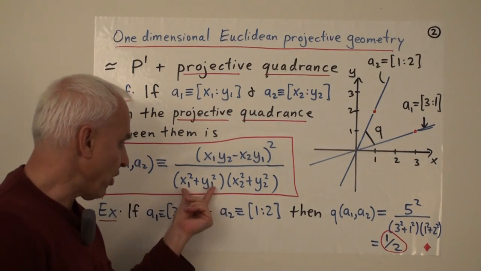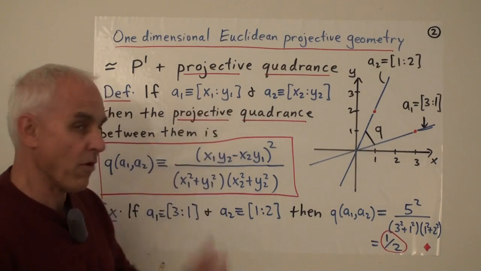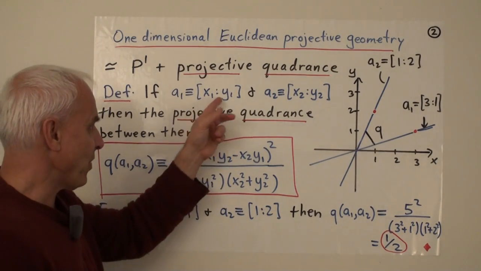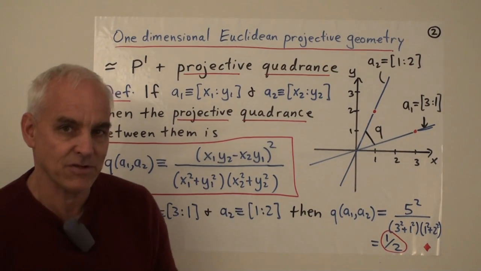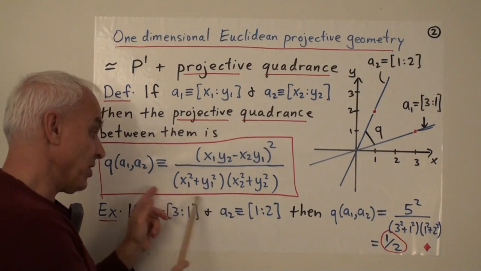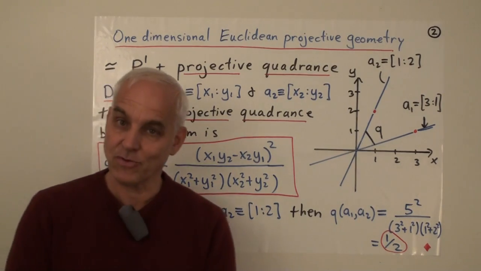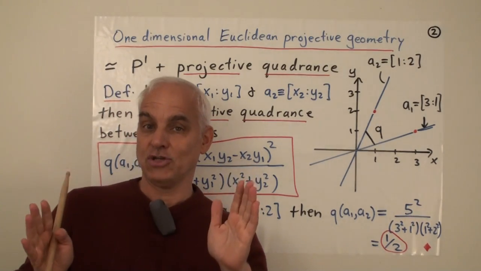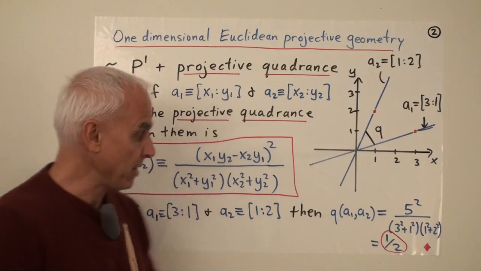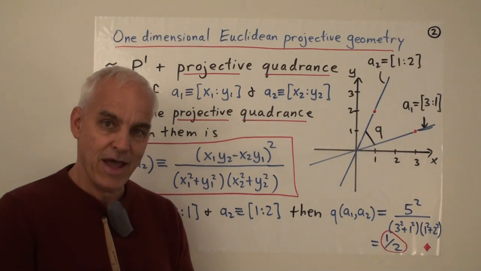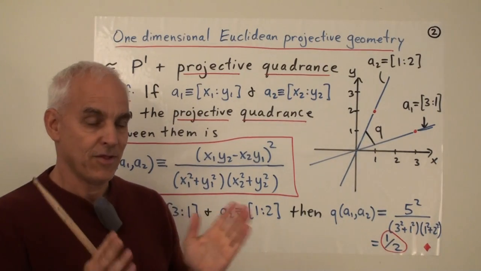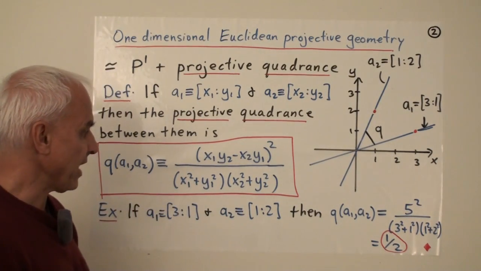So both of these are quadratic in the coefficients. So if we multiply x1 and y1 both by 5, then the numerator will multiply by 5 squared. Because of this term, the denominator will also multiply by 5 squared, so the whole thing is unchanged. So you can think about these 2 factors down here as being sort of normalizations that just ensure that this quantity is unchanged under scaling.